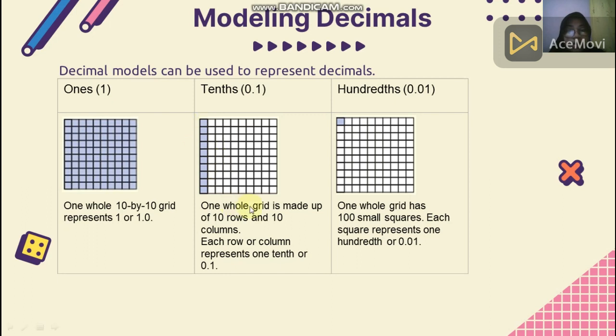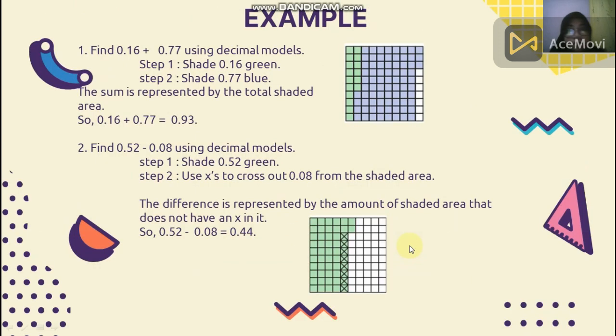Each row or column represents 1 tenth or 0.1. 3. Hundredths, or 0.01: one whole grid has 100 small squares. Each square represents 1 hundredth or 0.01.